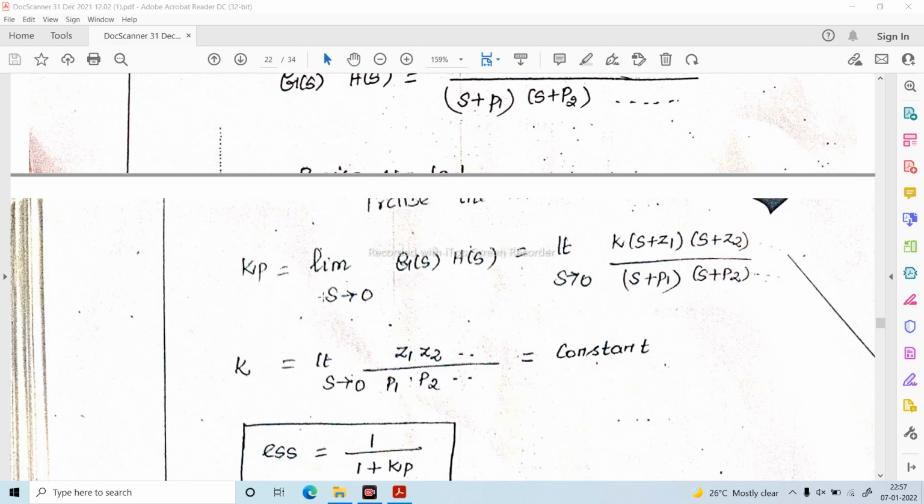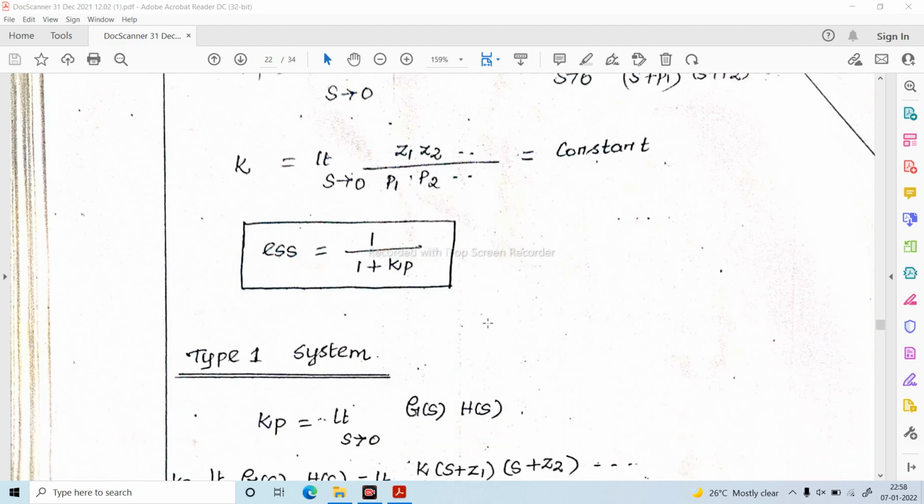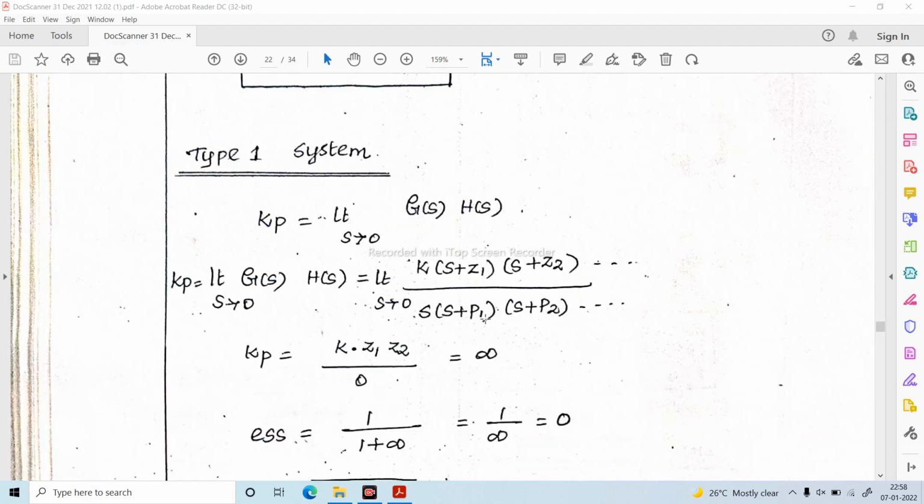So what is Kp? Kp is the positional constant. Limit S tends to 0, G of S into H of S, K into S plus Z1 into S plus Z2 divided by S plus P1 into S plus P2. Put the value here, we get K Z1 Z2 by P1 P2, that is the constant value. So Ess is equal to 1 by 1 plus Kp.